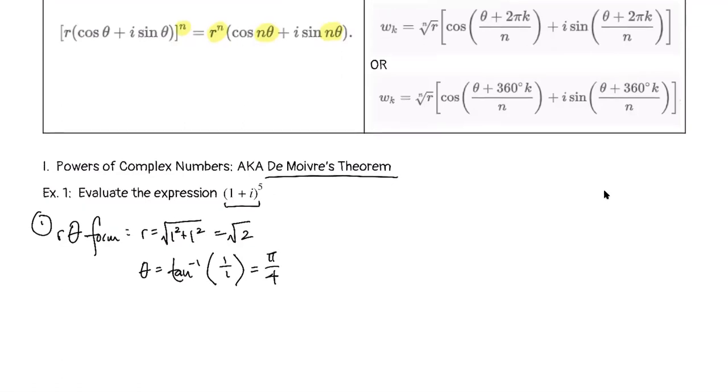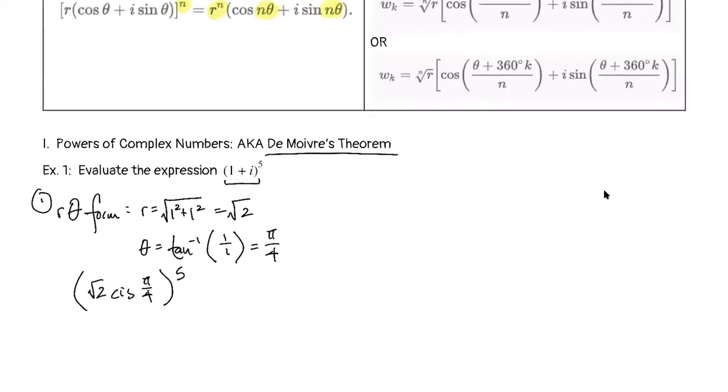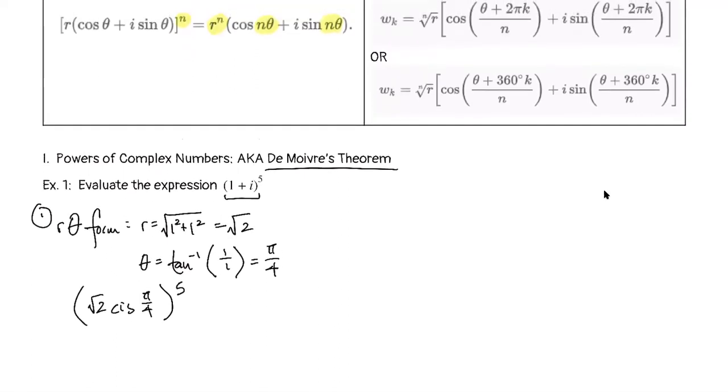Okay, so once we have our r and our theta, let's rewrite this to be root 2 cis pi over 4, okay? Now we're raising this to the 5th power, and now we can use de Moivre's theorem, okay? So de Moivre's theorem says that I'm going to take my r, I'm going to raise it to the 5th power.